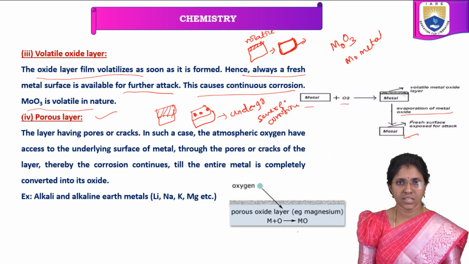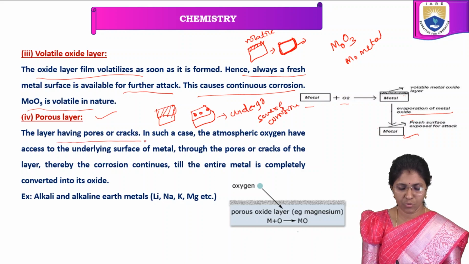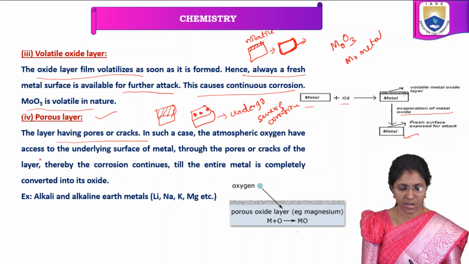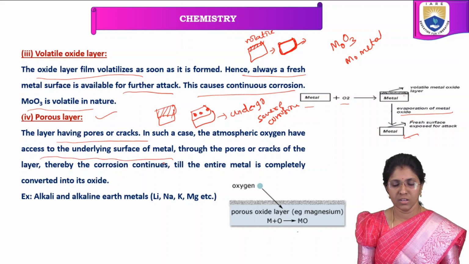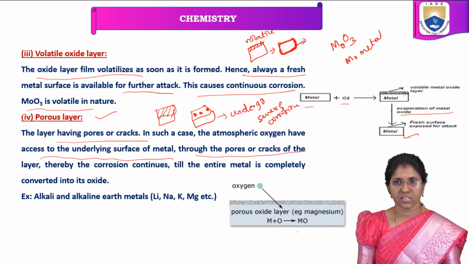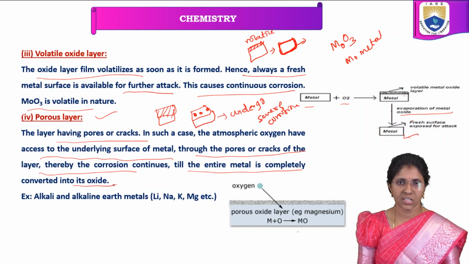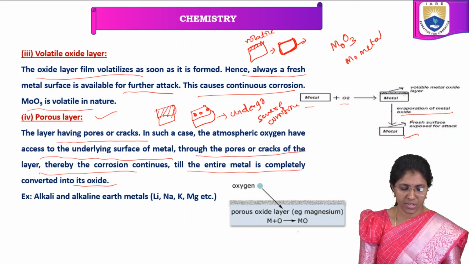Atmospheric oxygen has access to the underlying metal surface through the pores and cracks of the layer, so corrosion continues until the entire metal is completely converted into metal oxide.